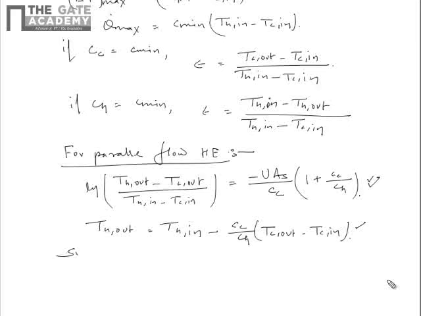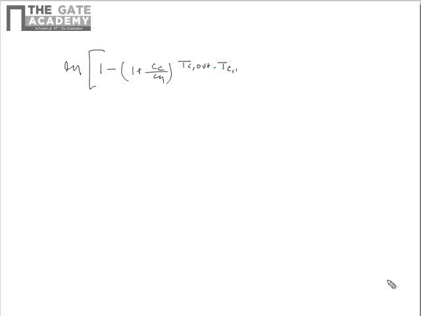substituting in the above equation, we will get ln of 1 minus (1 plus Cc upon Ch) into (Tc out minus Tc in) divided by (Th in minus Tc in) is equal to minus UAs upon Cc (1 plus Cc upon Ch).